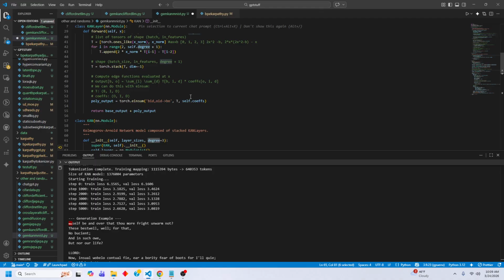Basically, it uses additions of different, it's hard to explain. You add together different functions of each variable.